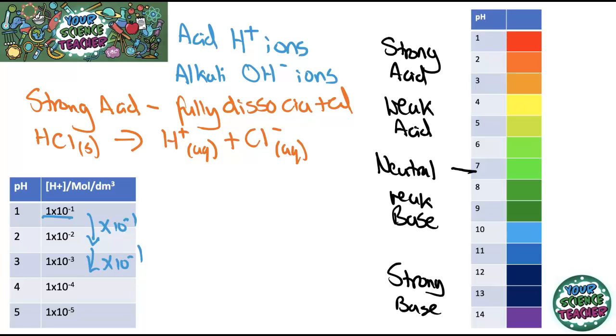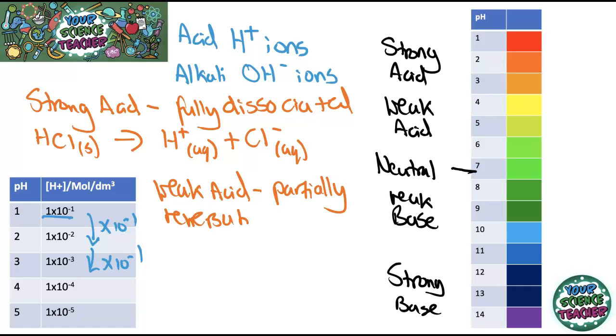However, if I have a weak acid, what happens is I get what's called partial dissociation. And what that means is the reaction is reversible. So you have less amounts of hydrogen ions in that solution. So let's have a look at ethanoic acid here, which is known as a weak acid.